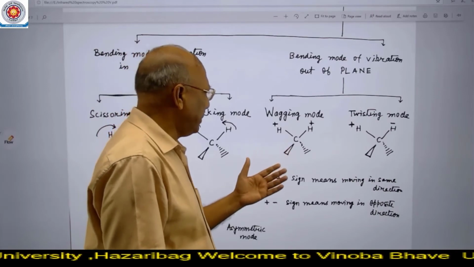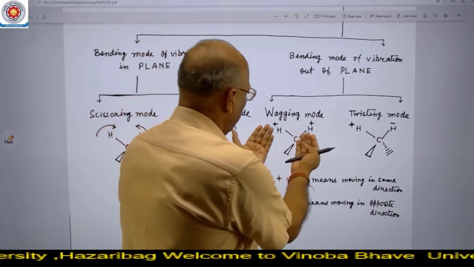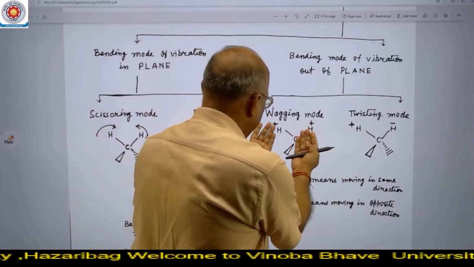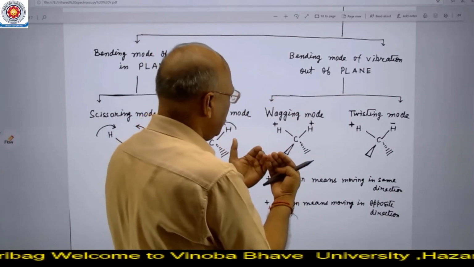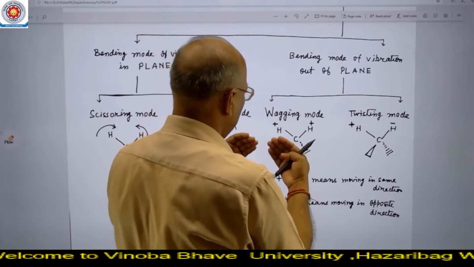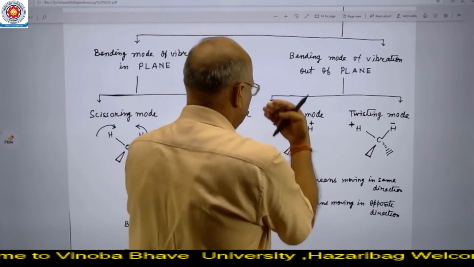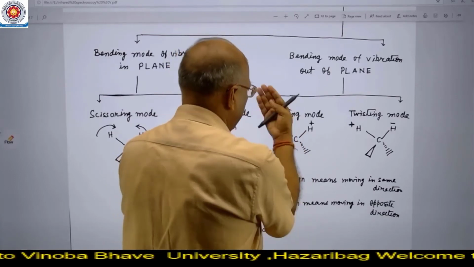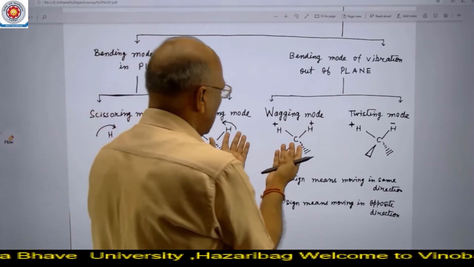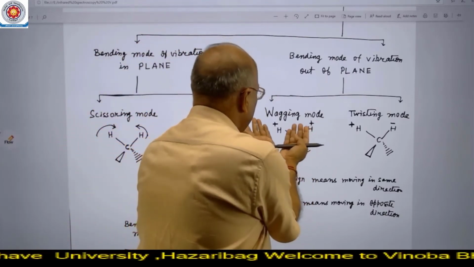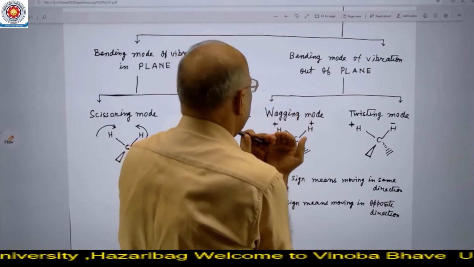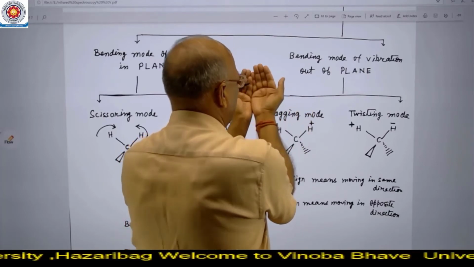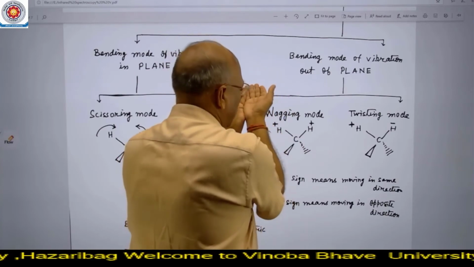So what happens if both these bonds simultaneously come towards the viewer and then go to the other side of the plane, that is, behind the smart board? What will be the action of these two bonds? These two bonds will be like this. They are coming towards the viewer and going away from the viewer.